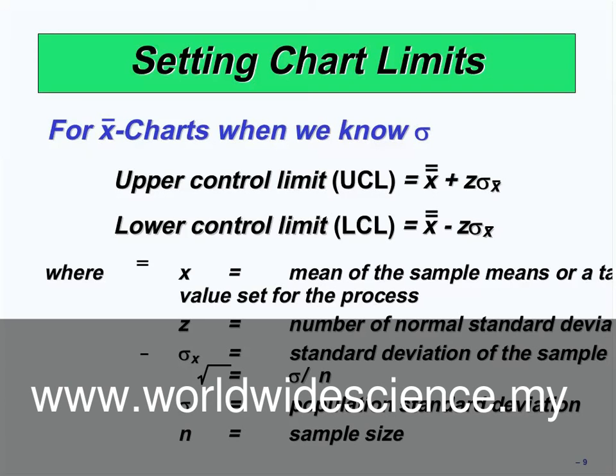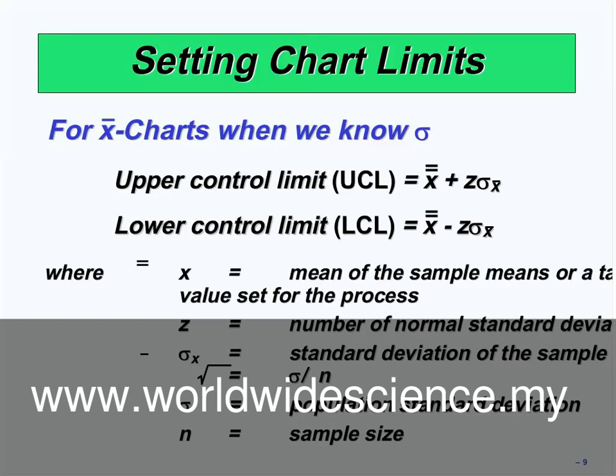So in the X bar chart, we must calculate two limits: the upper control limit, X bar plus Z sigma X bar, and the lower control limit, X bar minus Z sigma X bar. Z is a constant. Z can be 2 or 3. We are familiar with it. And sigma X bar can be calculated with the formula sigma divided by the square root of n.